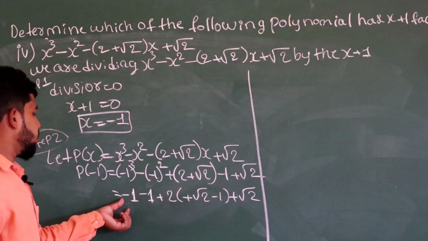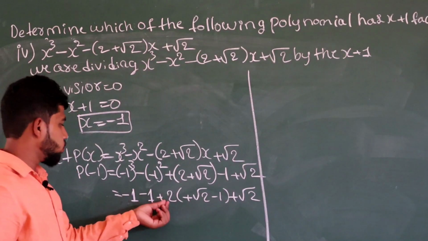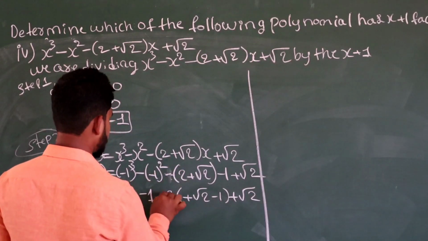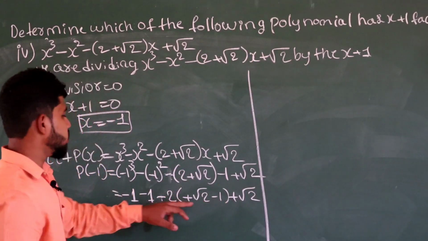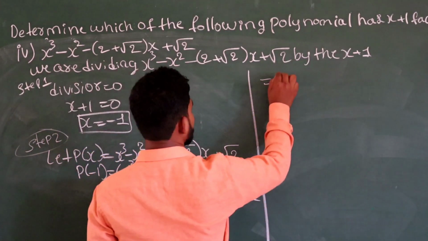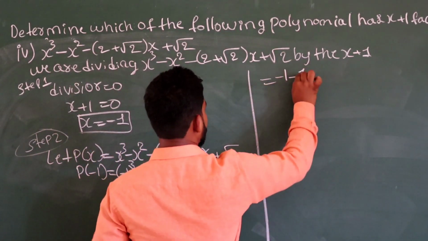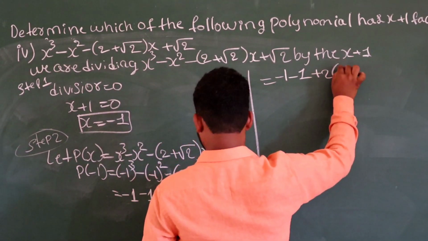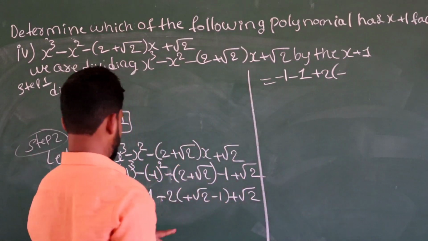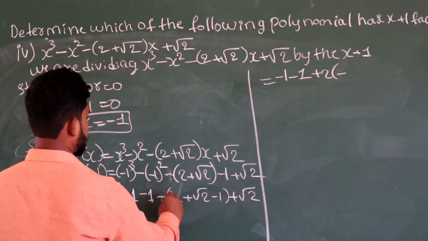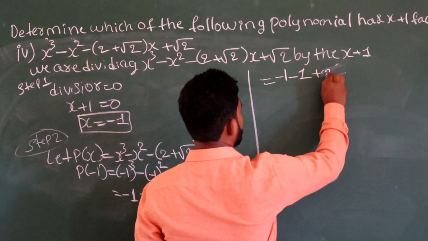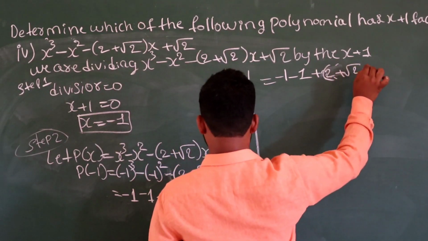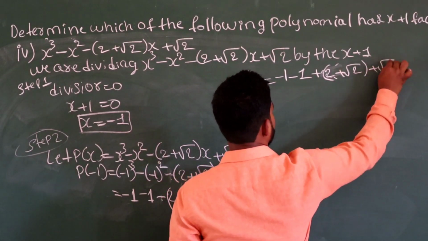Now minus 1 minus 1 is minus 2. Minus into minus becomes plus, so plus 2 plus root 2, plus root 2.